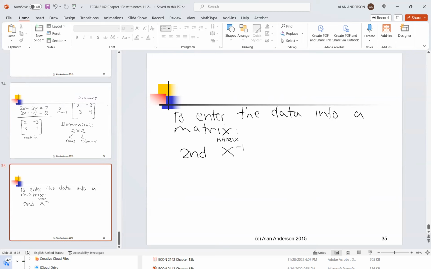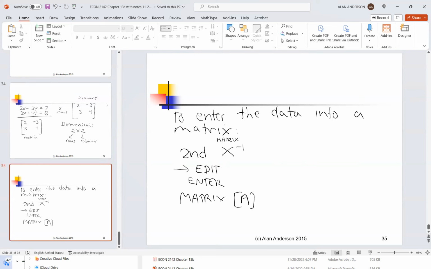What you're going to do is go across with your arrow key and choose edit. Okay. When you do that, hit enter. And then what you'll see is it says matrix A, and it wants to know what dimensions you need.